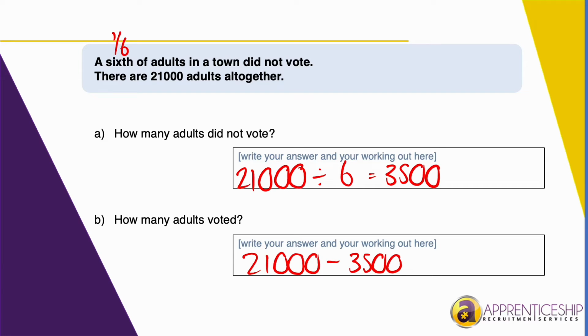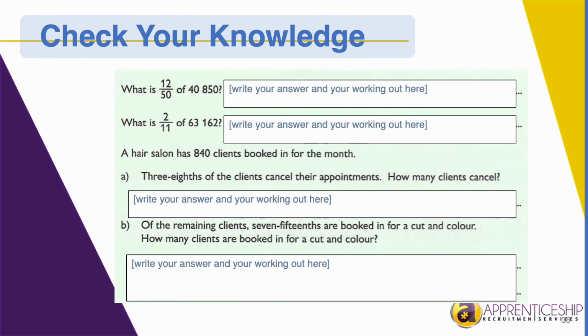Again, I didn't times this by 1 because it doesn't do anything. So 21,000 take away 3,500 is 17,500 people did vote. Okay, so here's just a check of your knowledge. If you want to pause it and have a go through these and see how well you did.